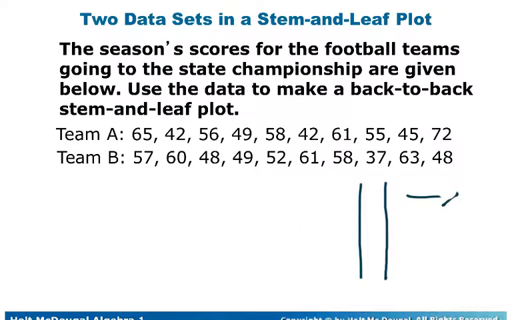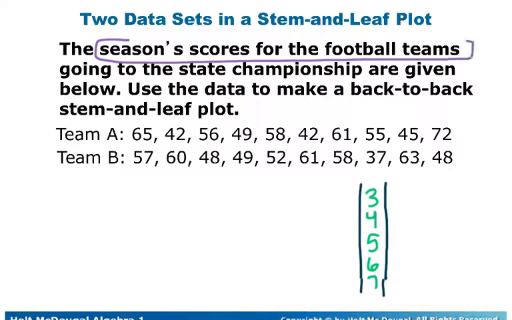Taking a look at what we're given here, we've got quite a few digits: 60s, 50s, 40s, 70s, and a 30. So we're going to have to go 30s, 40s, 50s, 60s, and 70s within our chart. The title would be Season Scores for a football team.